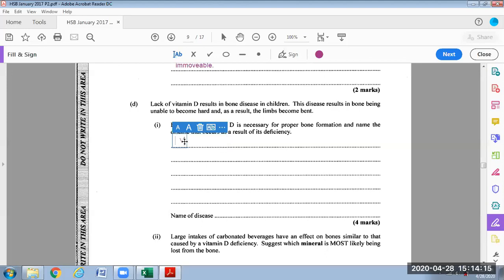The disease is osteoporosis, or you could also say rickets.